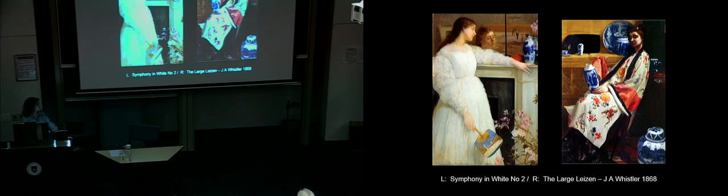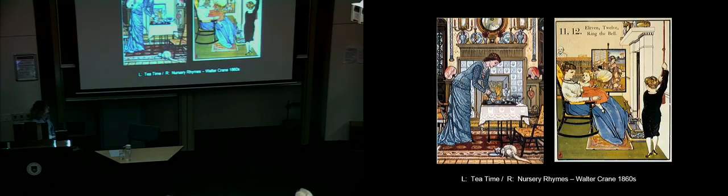This is Whistler, who was one of the early proponents and early users of Japan and Japan style. And we have all the accessories which are being used in the domestic household for the fairly well-to-do middle class, not just the elite, not just the grand palaces. So this was quite a different thing.